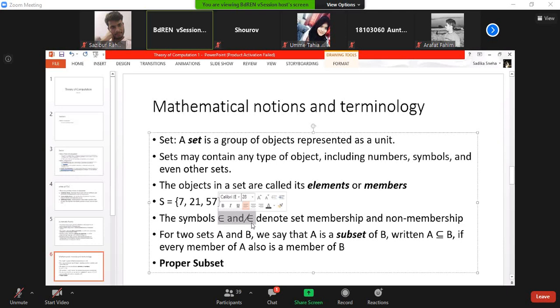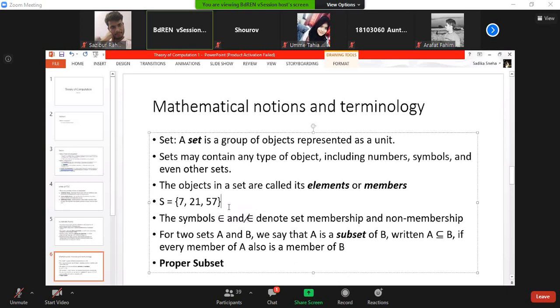And how do we mention this membership? We say that an item is a part of set A or not. If certain elements are part of any set or not, we mention it in that way.